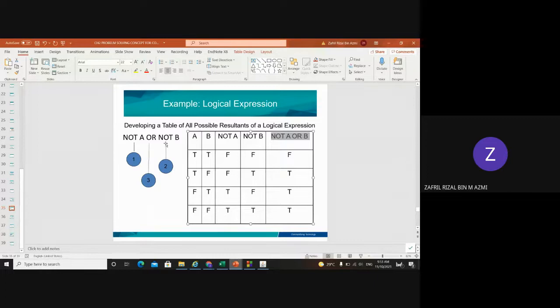Let's say if we have an example where there is a not C, so put C over here: A, B and C. Add another column over here which is C. Simple only. Table of all possible resultant. This is involving logical expression.